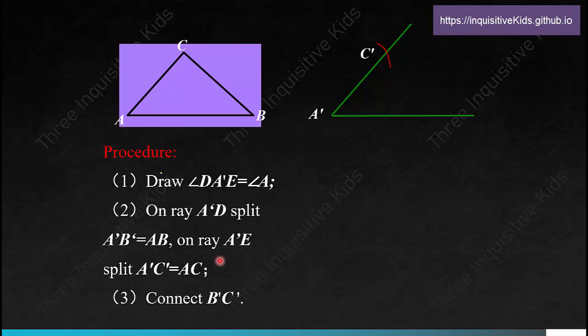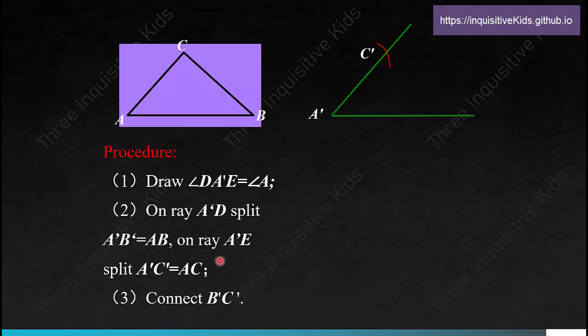Then we take the distance from A to B. Then you use the compass to draw A prime B prime with this same distance. Using a compass, we'll make this arc, and then at the points where these intersect with the rays, connect those two points, and then we get B prime C prime. So that's how we're going to get the congruent triangle.